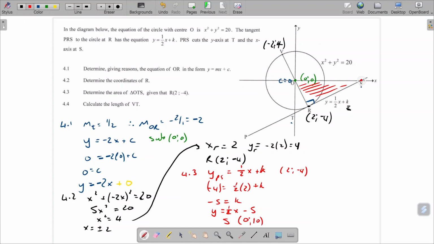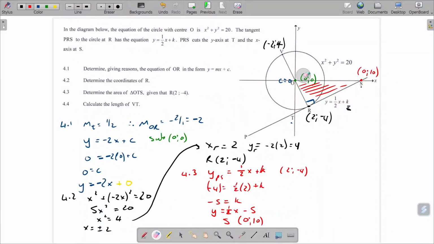Now, I'm choosing to do this because there is a very clever way to do this question, which is based on the coordinate system rather than based on your geometrical notion of a right-angled triangle.